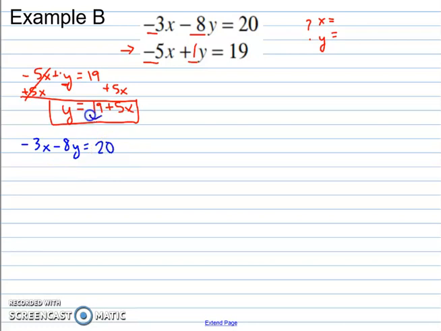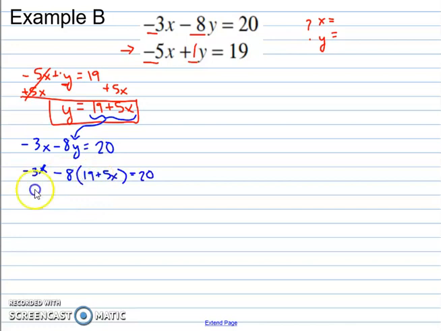Except now wherever y is, it's going to become this big old expression right here. So we're going to have negative 3x, whoa, sorry, floating x there, minus 8 times, and now we're going to plug this in because that's equal to y: 19 plus 5x equals 20.